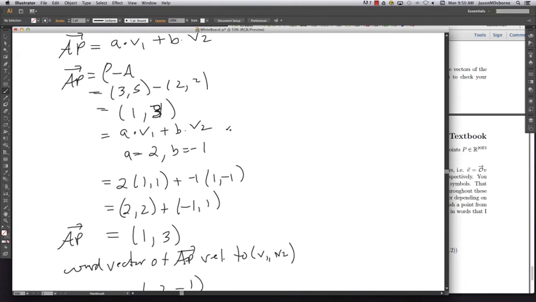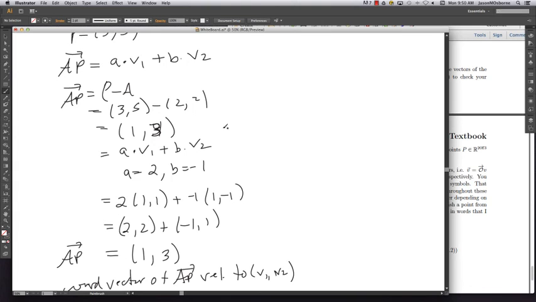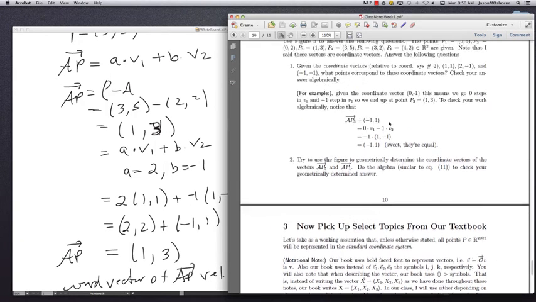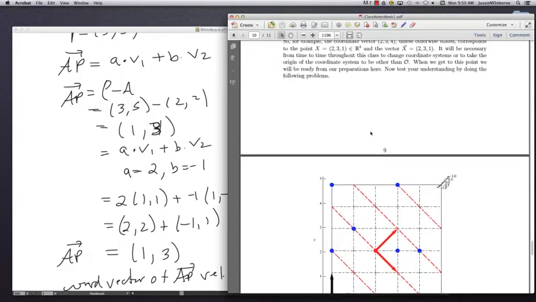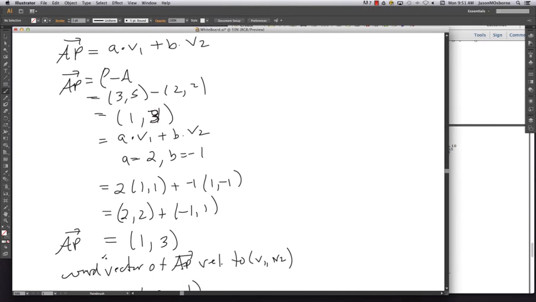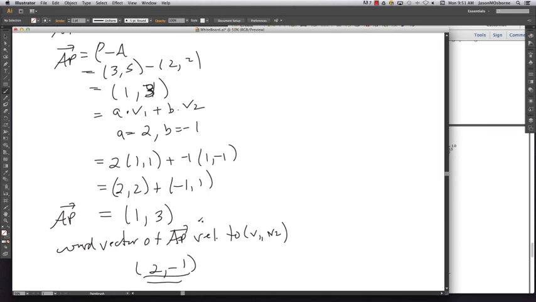So that ends this section on coordinate systems. I'll leave you to really look at this example algebraically and then compare to some of the homework problems that are given. For example, a problem like this to test whether or not you have an understanding of computing vectors and also computing coordinate vectors.